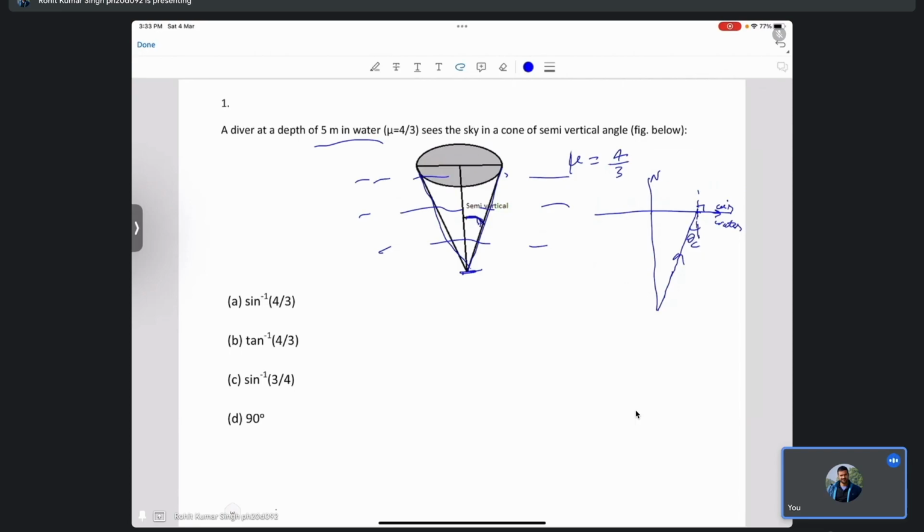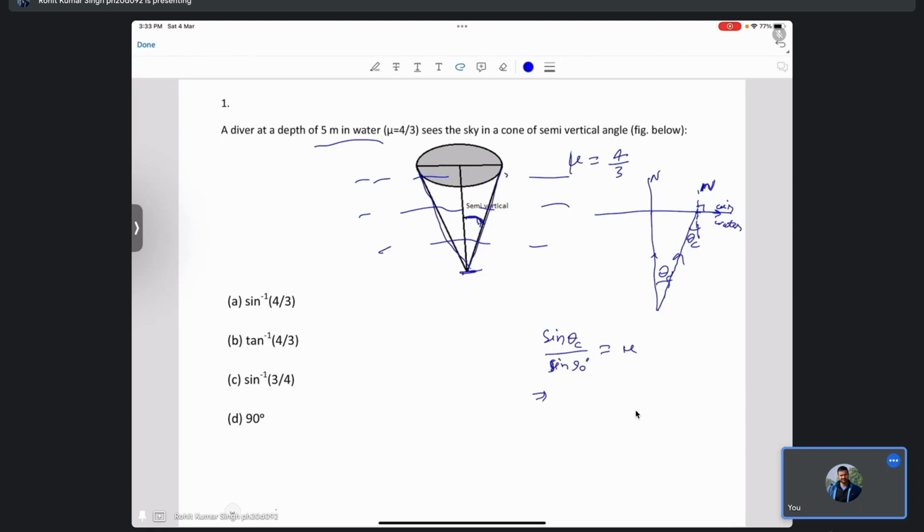Since these two normals are parallel, this will also be theta c. You can use Snell's law, which is sine i, that is sine theta c, by sine r, which is sine 90 degree, equal to mu, the refractive index of water.